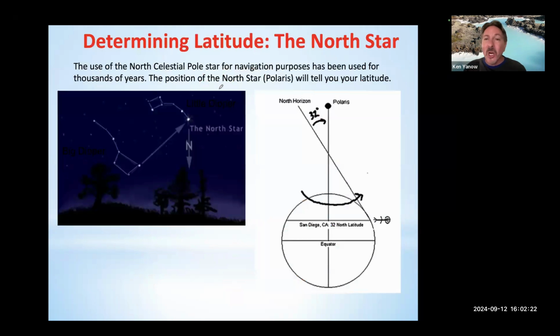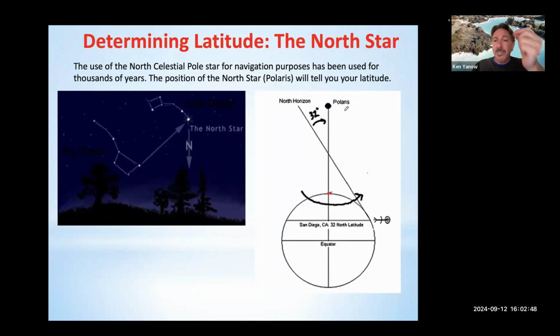How do we determine where your latitude is located? So I've got a little diagram here. All we need to do to determine your location, latitude-wise, is look for the North Star, or Polaris. In this case, the North Star is located above the North Geographic Pole.